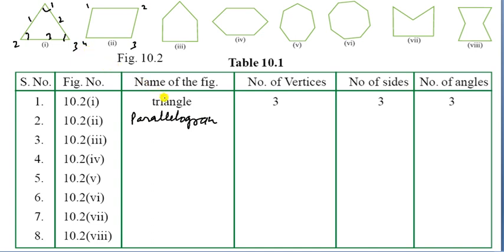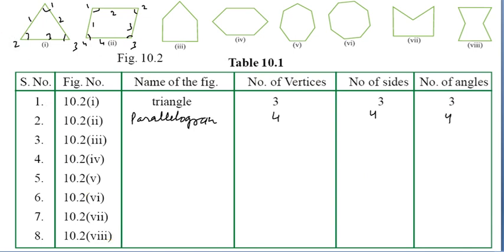There are 4 vertices, so you have to write here 4. And the number of sides you can count here, 1, 2, 3, 4. There are 4 sides, so you can write here 4 sides. And the number of angles: 1, 2, 3, 4. So the number of angles is 4, and you have to write here 4.